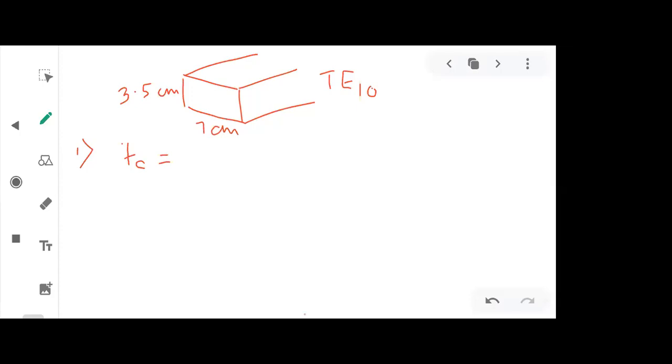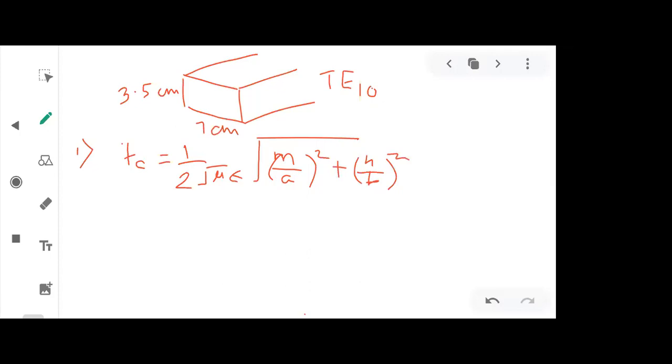It is 1 by 2 times root of mu epsilon, and inside this square root, it is (m by a) the whole square plus (n by b) the whole square. Okay, so n is 0.